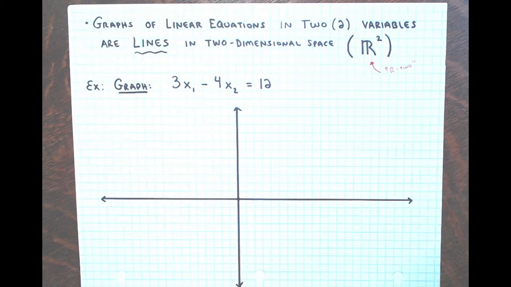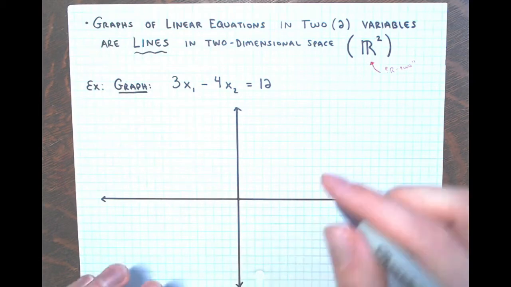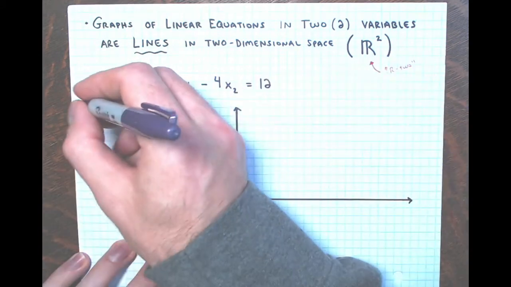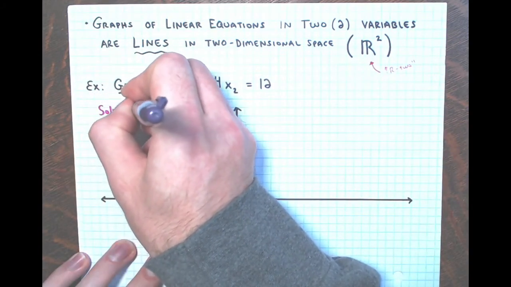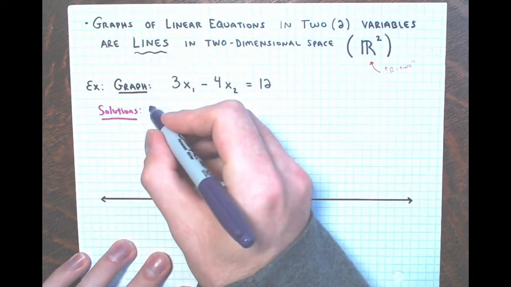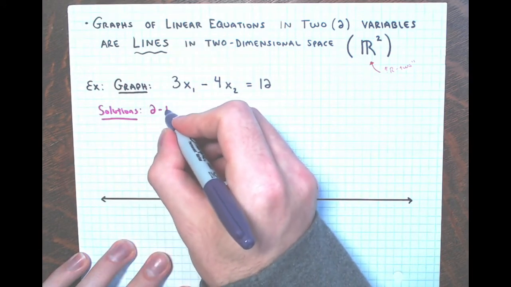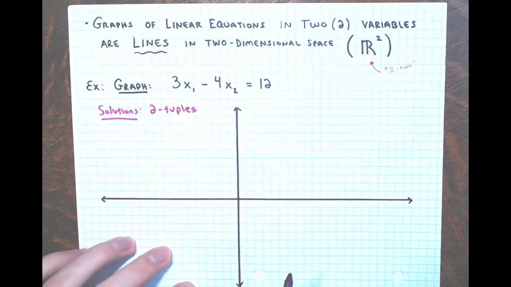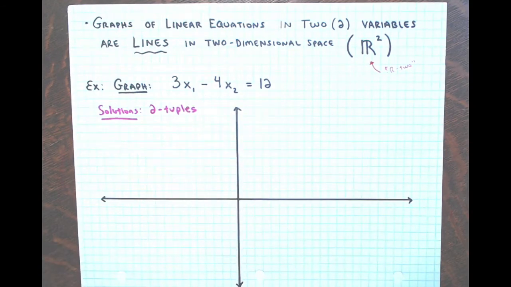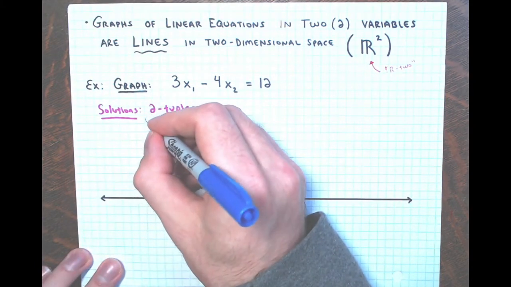All right, so let me write up some examples of solutions here. So some solutions to this equation. Now remember, these are going to be 2 tuples. We have 2 variables. Now another word for 2 tuples would be ordered pairs.